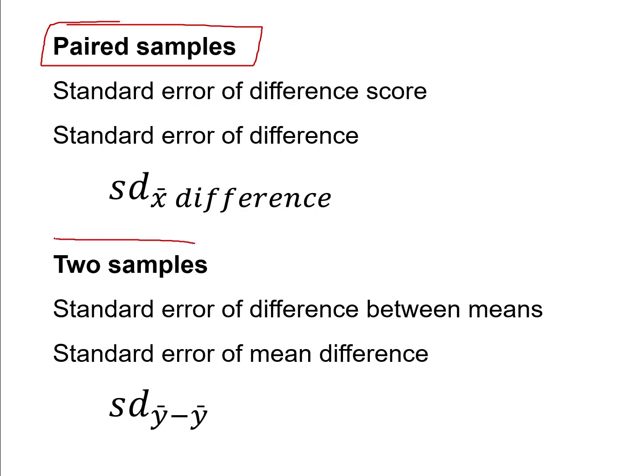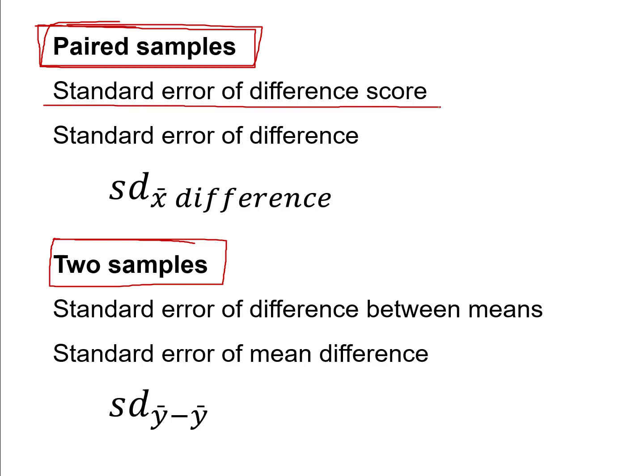Now, in the two samples design, we're currently looking at a two samples design where we're going to test a contrast between two groups. And here we have two groups, and each group has a mean score, and we're looking at a difference between the two means for our two groups. We're looking at a difference between means. So if we go back to our paired samples analysis, in that situation the standard error of our statistic was the standard error of a difference score.